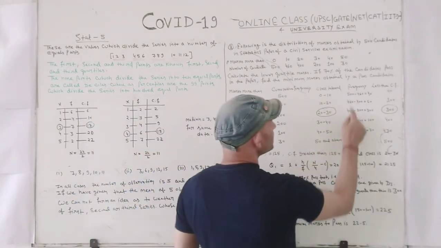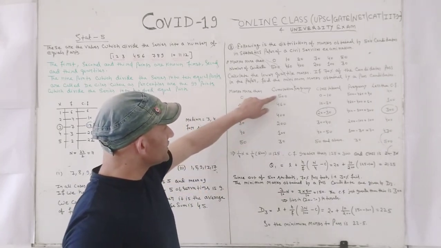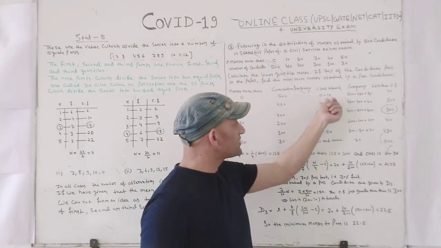How to find the frequency? You will subtract this value and this value. Whatever the value you will get, this value will be for this interval.